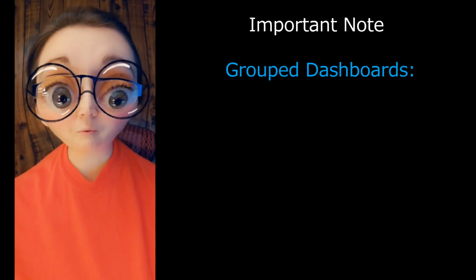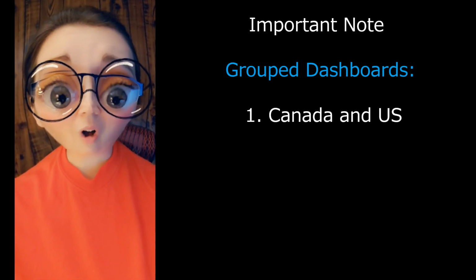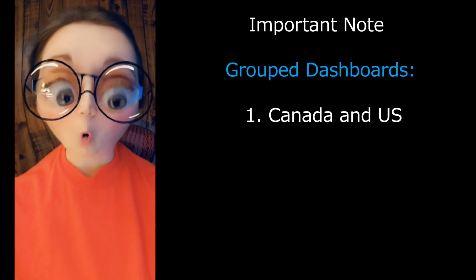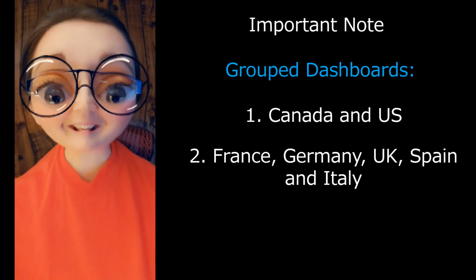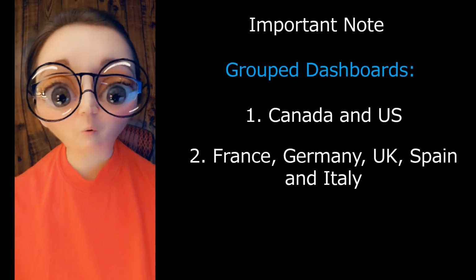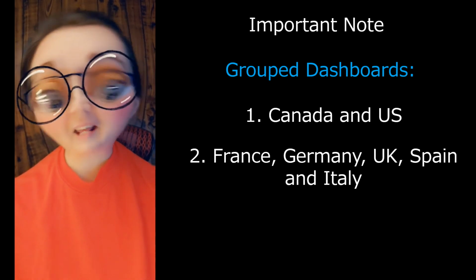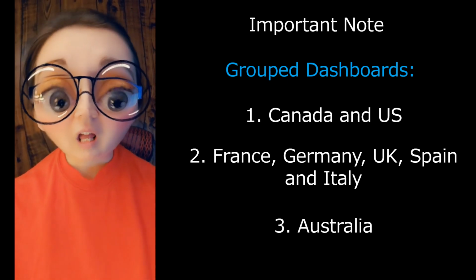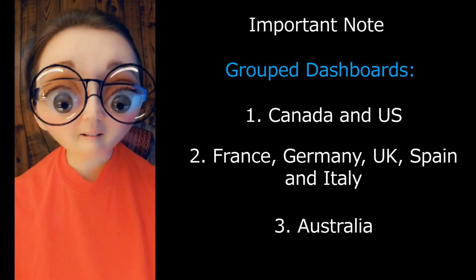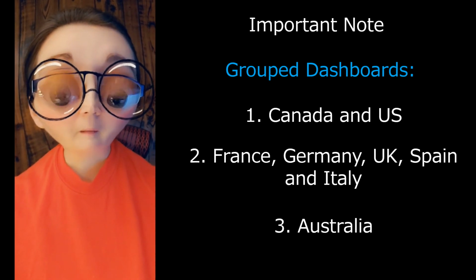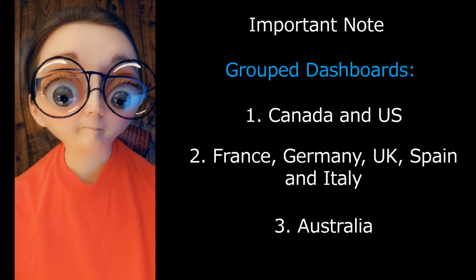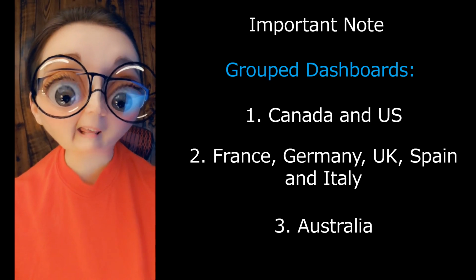If you go to AmazonAdvertising.com, you can also see Canada. If you go to UK, you can see France and Spain and Italy and Germany and all kinds of stuff. Australia's on its own. It's not linked with anything else.